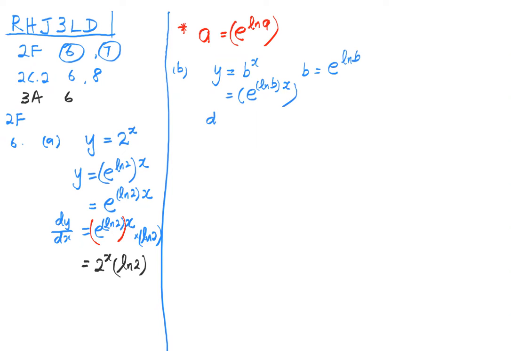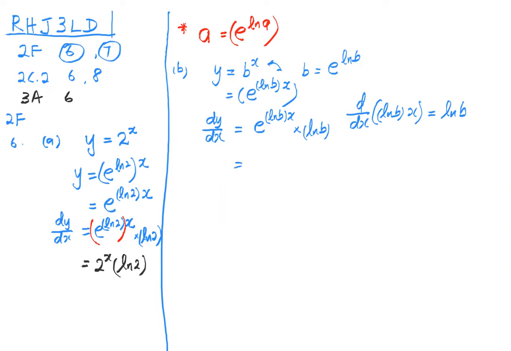So my dy/dx will be copy down the whole thing, times by the derivative of ln b times x, which is ln b. Clear? So put back this as b to the power x times ln b.